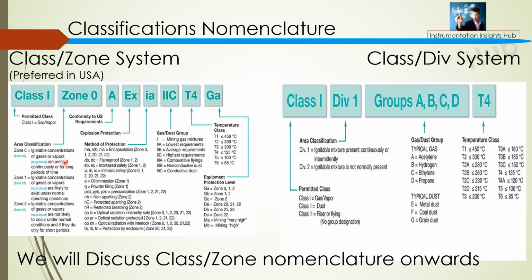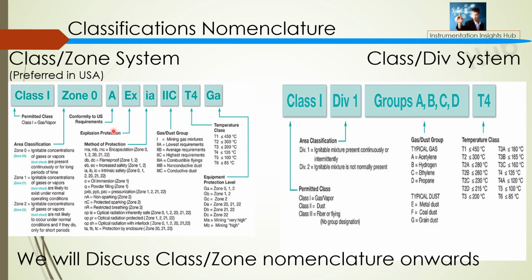Zone 0 means ignitable concentrations of gases and vapors are present continuously or for a long period of time. Zone 1 means ignitable concentrations of gases are likely to exist under normal operating conditions. Zone 2 means ignitable concentrations of gases are not likely to be present. So this is the continuous presence of ignitable gases and vapors, and likewise.